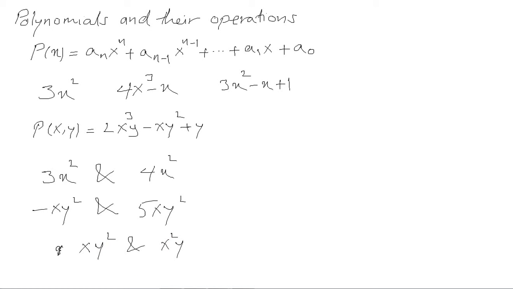Now, how do we add up polynomials? Okay, let me give you some examples. When you're adding up polynomials or you're subtracting polynomials, what you do is to add up the like terms. So you add up the coefficients of the like terms.